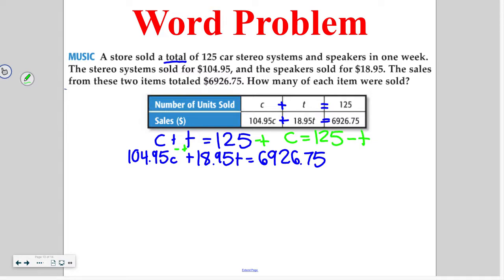t. So I'm going to go ahead and plug that in to my equation down below and get 104.95 times 125 minus t, and adding on the rest of the equation.